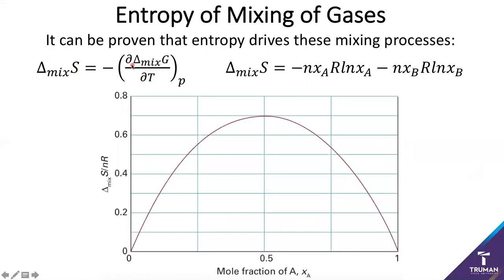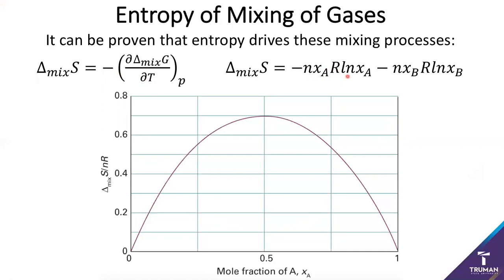Now, it turns out that our energy of mixing has a linear relationship with temperature. So when you take the derivative with temperature, all that ends up happening is you flip the sign and get rid of your temperature term. So the entropy of mixing for an ideal gas is related to the number of moles, the mole fraction of A, and again, corrected for units by our good old friend, the ideal gas constant.